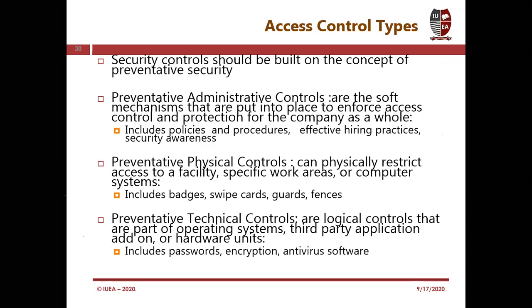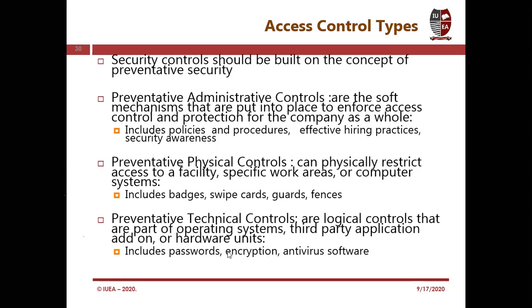Okay, preventive physical controls: make sure you put security guards, fences. Preventive technical controls are not so far from administrative controls. Administrative refers to the policies that you make at a higher level, that every user must have a password.